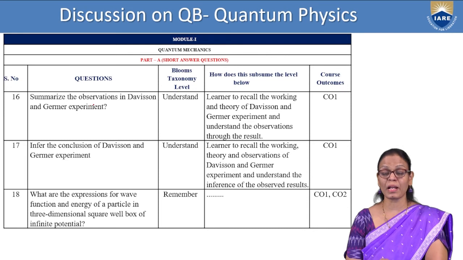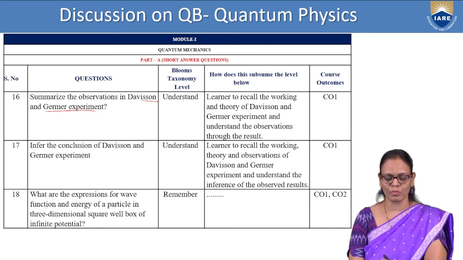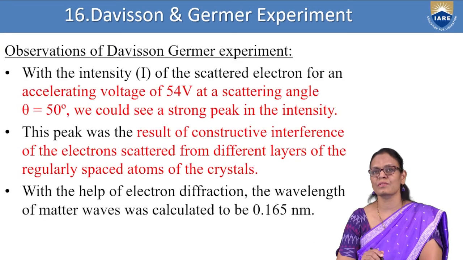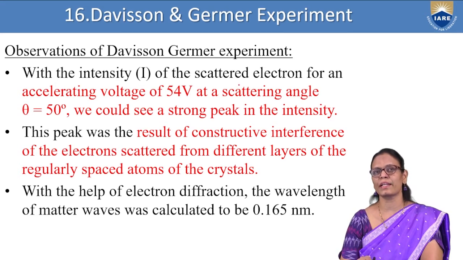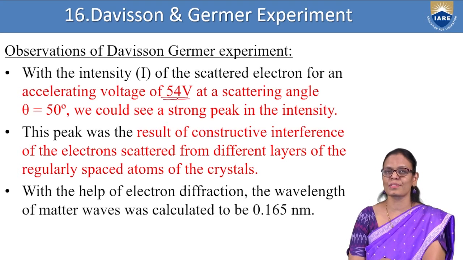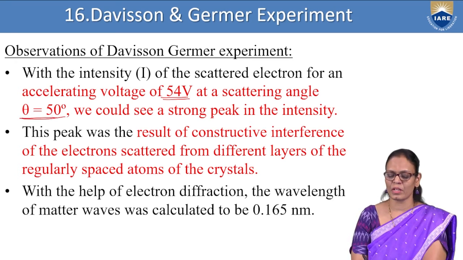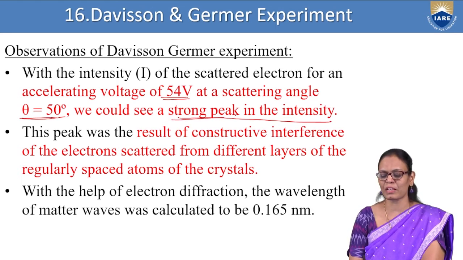Now next one, summarize the observations in the Davisson and Germer experiment. So what are the observations he made and what are the conclusions? In the next question, we are going to discuss the conclusions. So what are the observations? What he observed is the intensity of the scattered electrons: for an accelerating voltage of 54 volts and scattering angle theta equal to 50 degrees, there is a strong peak of maximum intensity.